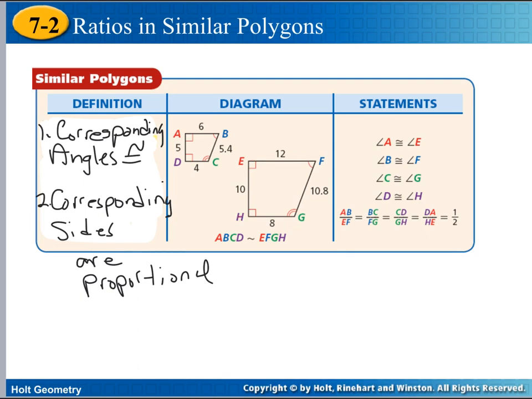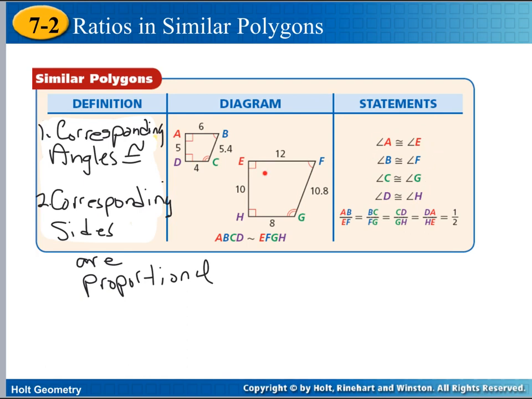Now, there are other ways we could name those, but we just have to match up the corresponding angles when we name them. Because when I see this statement, I can make the assumption that A corresponds to E, B corresponds to F, C corresponds to G, and D corresponds to H without the picture. And so the two things that are true are all the angles are congruent.